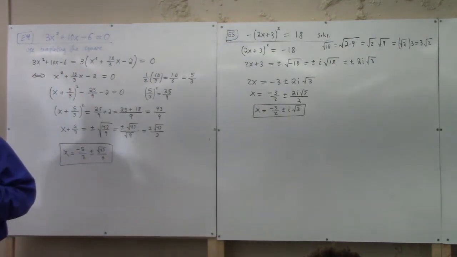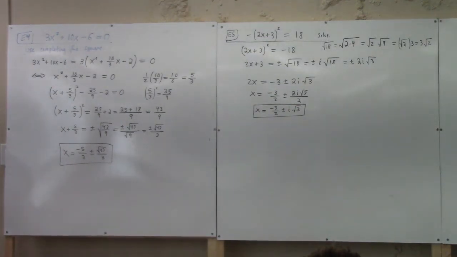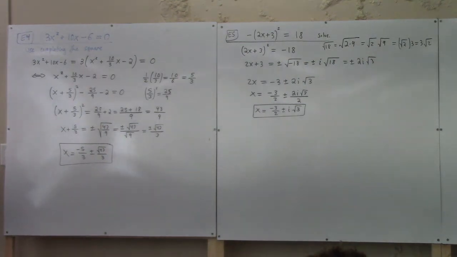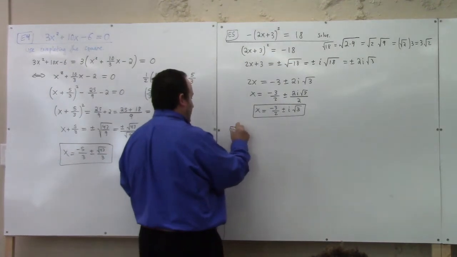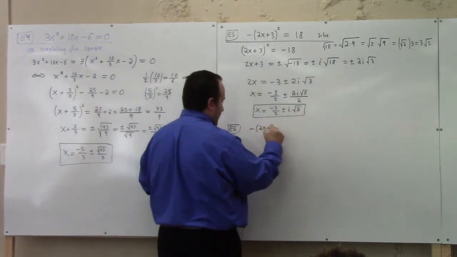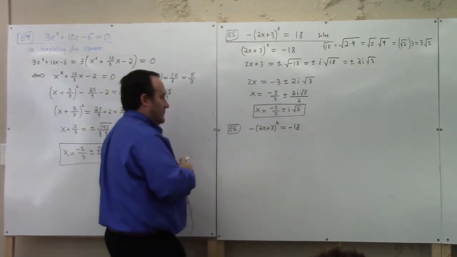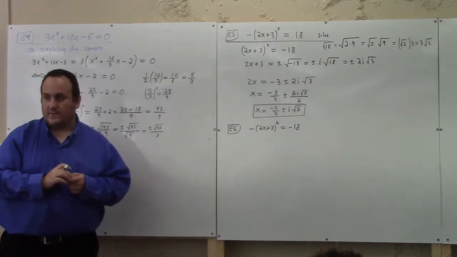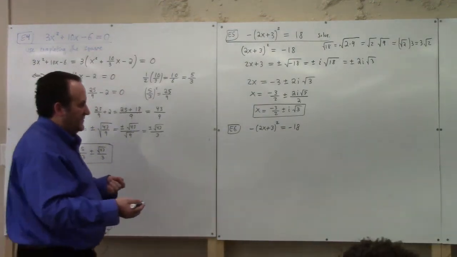How could I have changed this problem to make it have a real answer? What would I have to do to make it come out to a real number instead of an imaginary number as my answer? It's a pretty simple modification. If instead of having minus 2x plus 3 squared equals 18, I just put a minus 18 there, then the minuses would have canceled and pretty much the same steps.